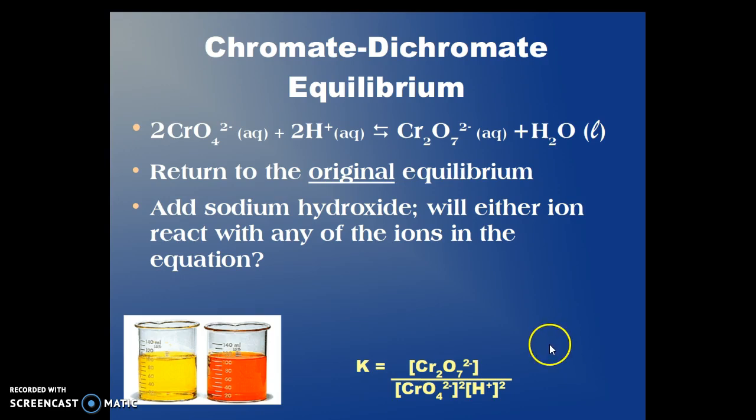So you'll have sodium ions and hydroxide ions, and you want to know, will either one react with the equilibrium ions that you see on the screen? And then predict, of course, what you think will happen to the equilibrium. And this, of course, is the equilibrium for water.